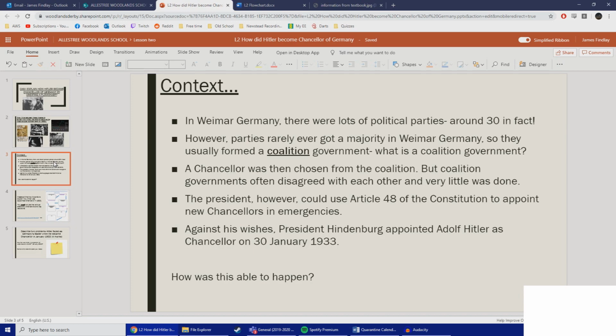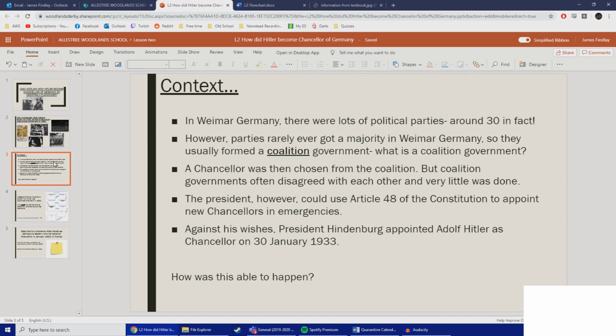So let's say, for example, you wanted to make a policy where you, let's say, banned mobile phones across the country, just outright ban them. If your party believed that and everybody in your party agreed with you and you had a majority in government, all you'd need is everyone in your party to say, yep, we want to ban them, and the law would be put through generally.